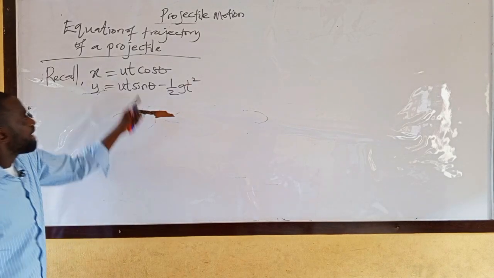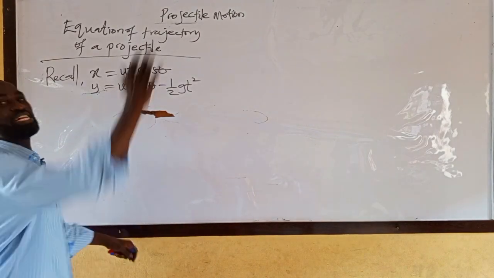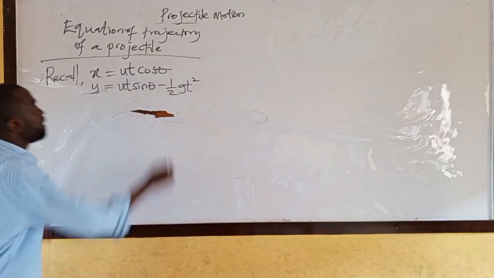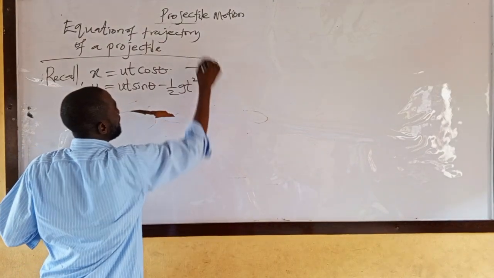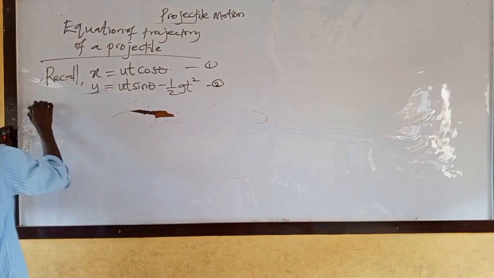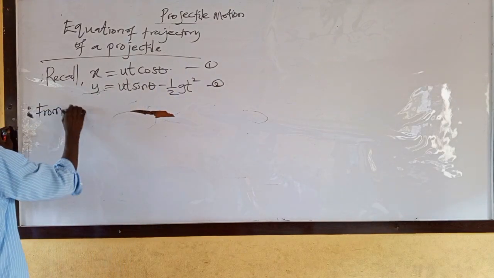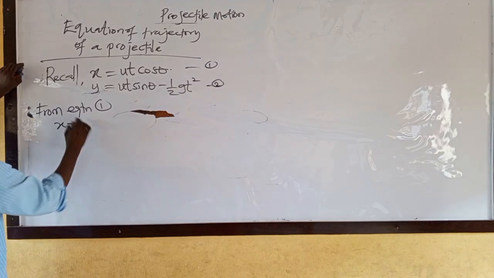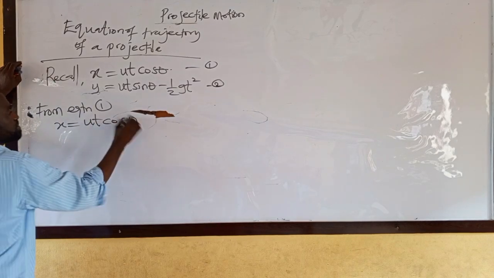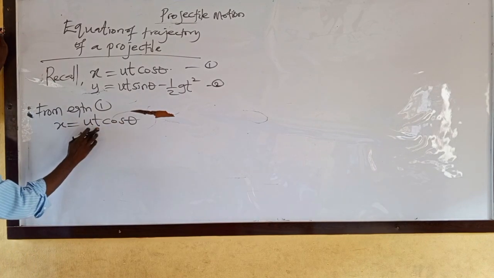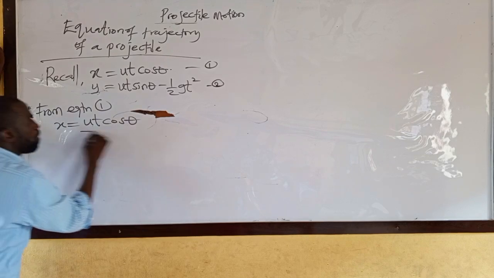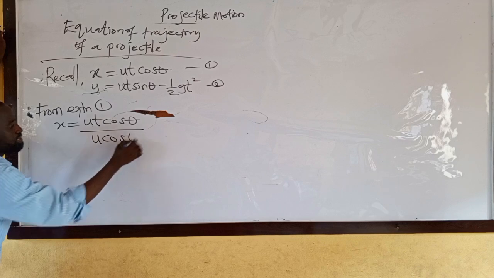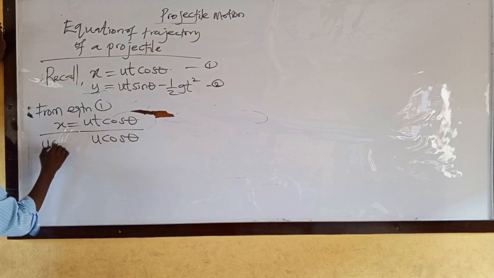What's the next thing? I must find a way to eliminate t. So suppose I call this equation 1 and this one equation 2. From equation 1, I have x equals u t cos theta.